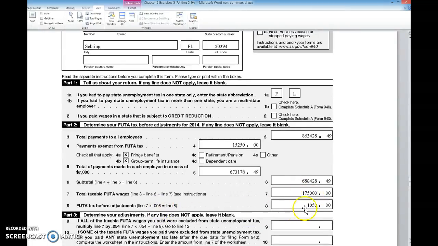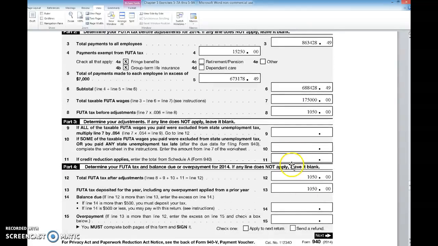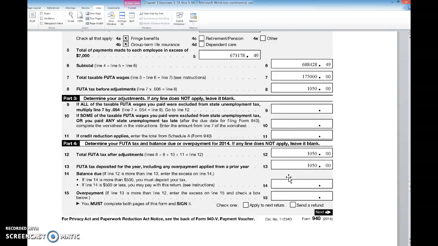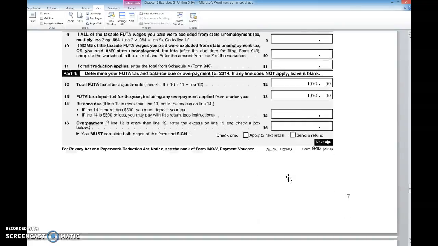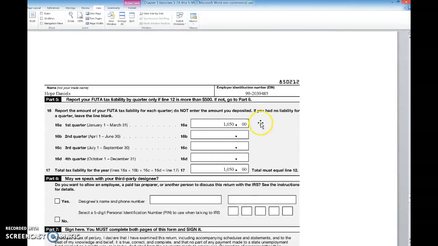Multiply that by 0.006. Our FUTA tax before adjustments is $1,050. You're going to take that amount and bring it down to part 4 in order to figure out your total FUTA tax and then the FUTA deposit for the year. This also goes into part 5, where you're going to report it in the quarter that you are completing.